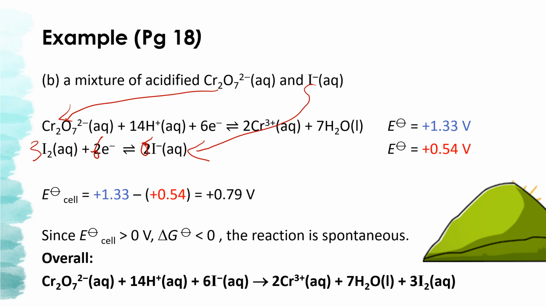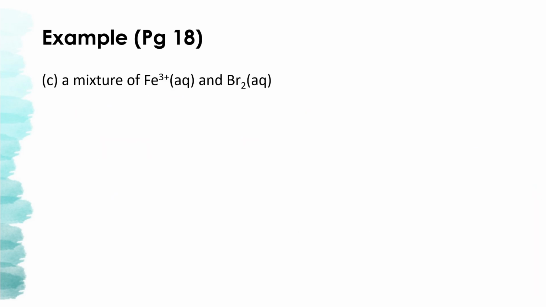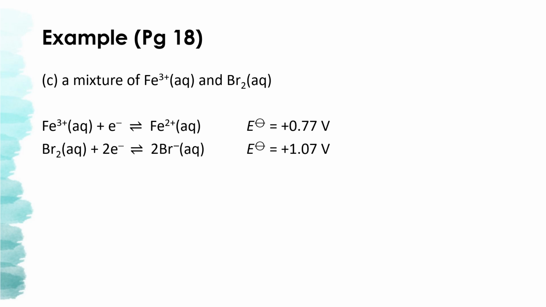Okay, let's continue. We will have another example where you have Fe3+ in water and Br2 in water. So I will hunt for the information from your data booklet, and do you start doing the calculation now for the voltage? What do you think is the answer?